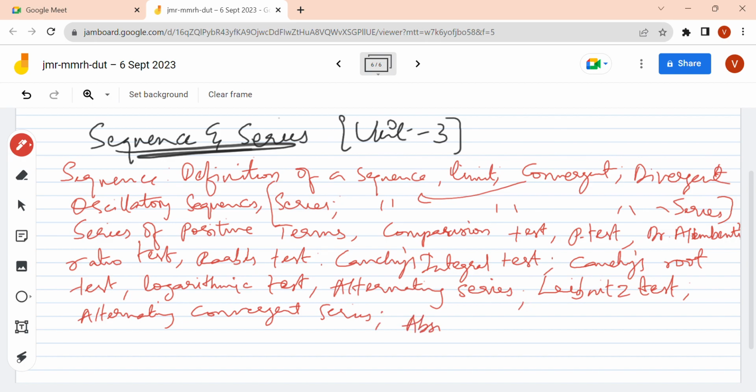and you have absolute and conditional convergence. So these are the topics you can cover in unit 3.